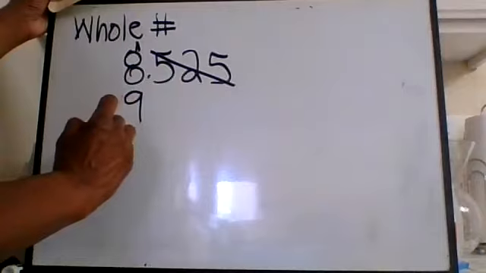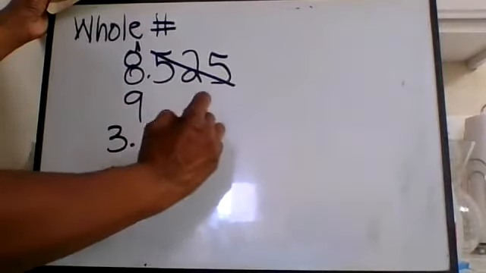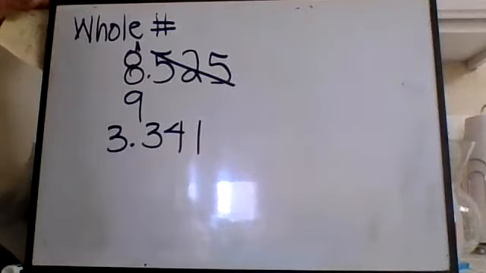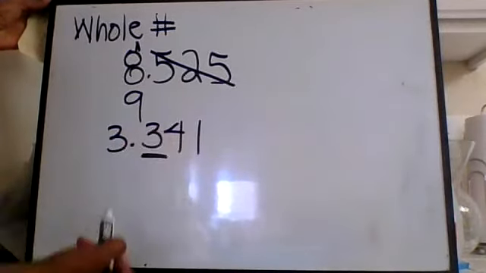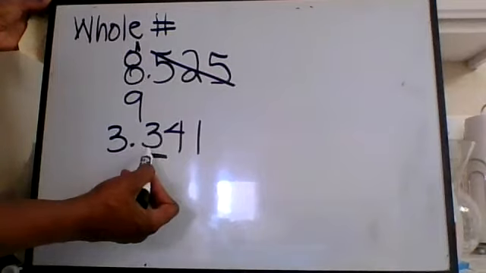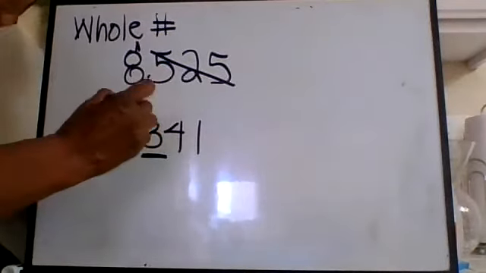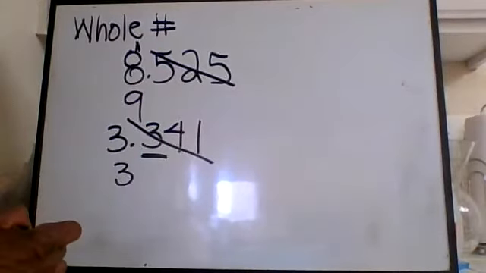Let's do another one. Let's try this one: 3.341. Rounding to the nearest whole number, we look at the number immediately to the right of the decimal, and that is 3. The 3 is less than 5, so that means we round down. All of these numbers come off, and the answer is 3.